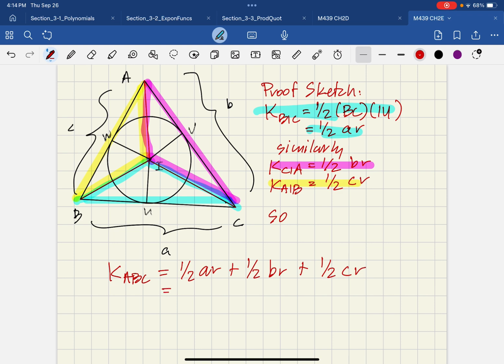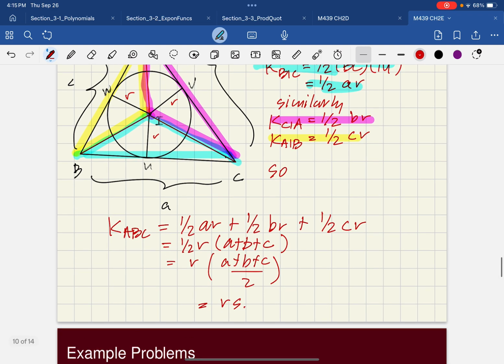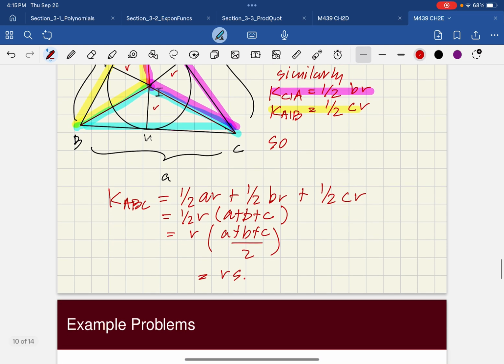And it's pretty easy to see that this is the same thing as 1/2 R times A plus B plus C, which is R times (A plus B plus C) over 2. And you can recognize that as RS. So indeed, the area of the triangle is given by the inradius times the semiperimeter.